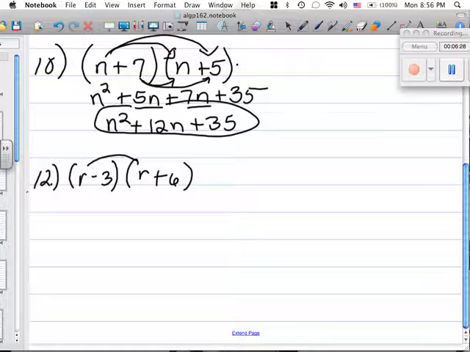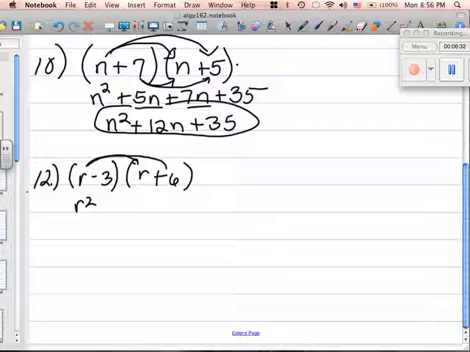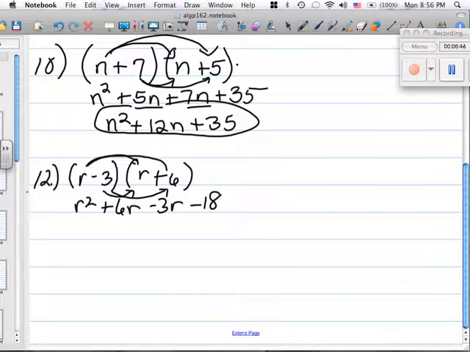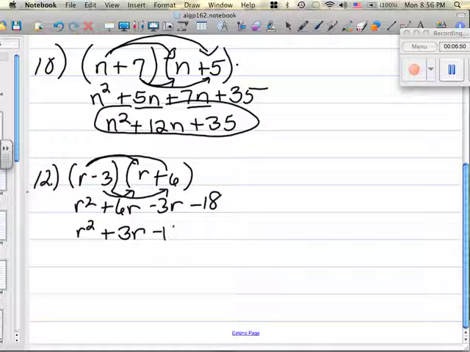First terms, r times r is r squared. Outer term, plus 6r. Inner term, negative 3r. And last terms, negative 18. Collecting like terms, we get r squared plus 3r minus 18.